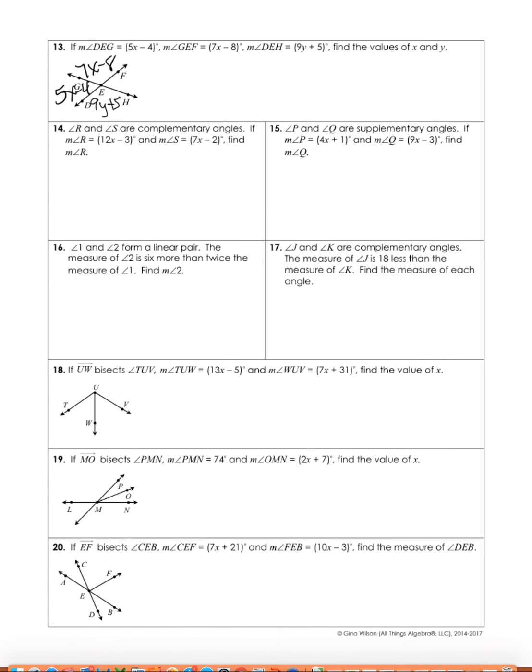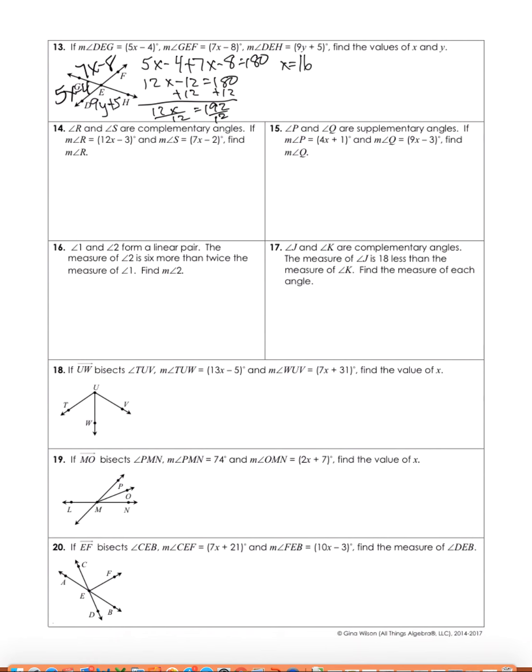So I'm going to say 5x minus 4 plus 7x minus 8 equals 180. I can solve that. 12x minus 12 equals 180. Add 12 to both sides. 12x equals 192. Divide by 12. I get x equals 16.